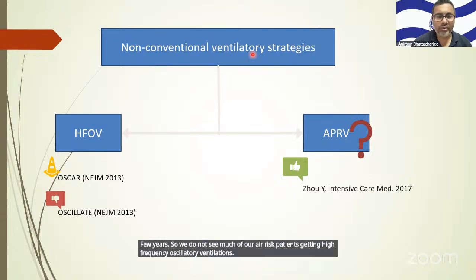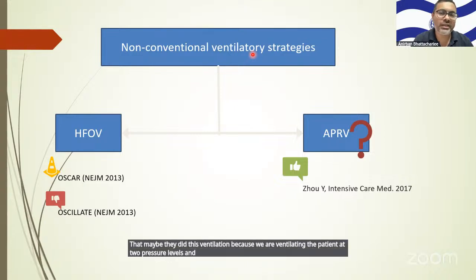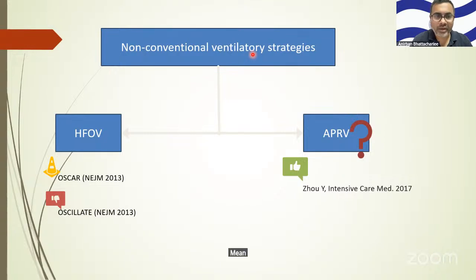Regarding airway pressure release ventilation, there are benefits that may be there with this ventilation, because we are ventilating the patient at two pressure levels and patients are allowed to breathe spontaneously throughout the ventilation. So there might be a requirement of less sedation while maintaining a good mean airway pressure and better oxygenation.